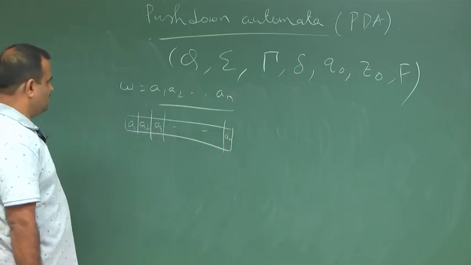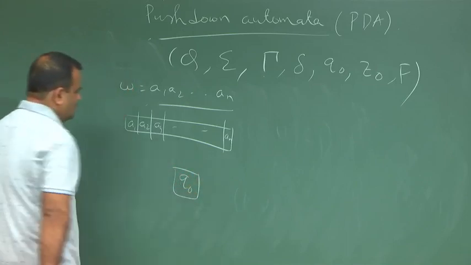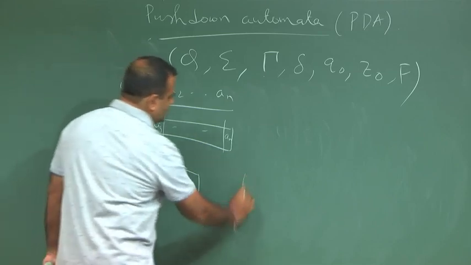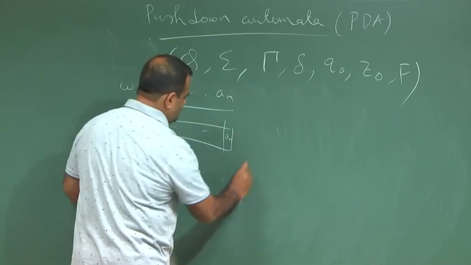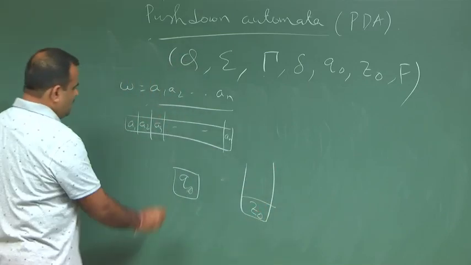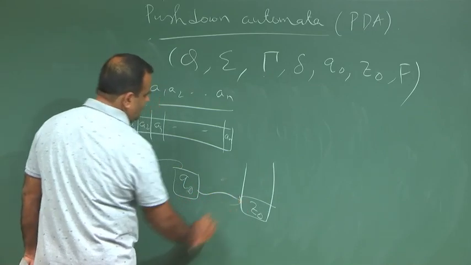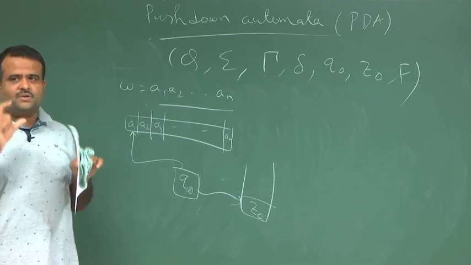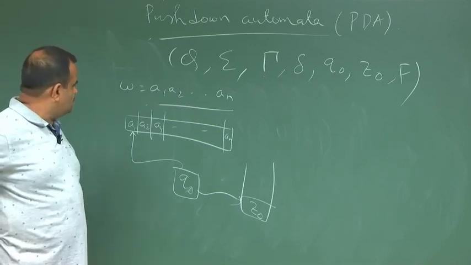Suppose there are n inputs, and we start our journey from the state Q0, and the initial stack symbol is Z0. Now it is pointing to this. If you take a picture, a snapshot of the automaton, this is the situation.